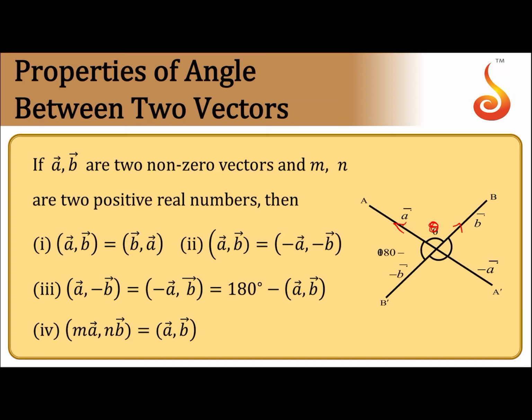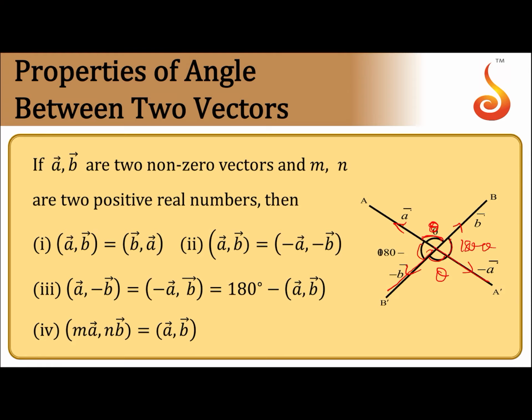Then the angle between minus A and minus B will be like this. Minus A is in this direction, minus B is in this direction. Geometrically, this angle is the same as this angle. This is also theta. And definitely this is 180 minus theta, which is the angle between minus A and B.